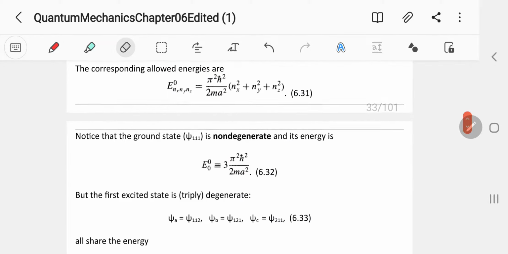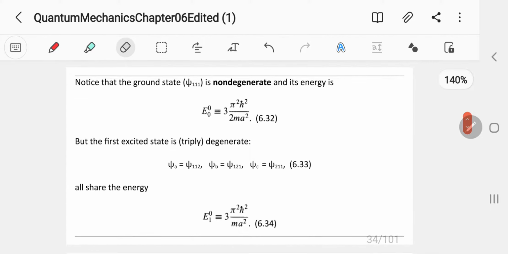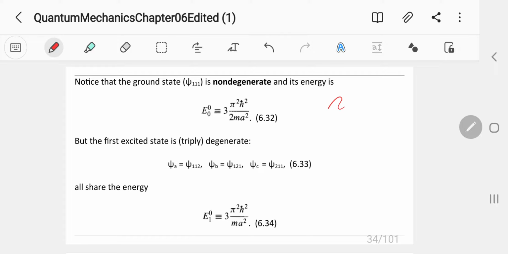So in that case, for the ground state, you have nx equals ny equals nz equals 1. So you will have a non-degenerate ground state.